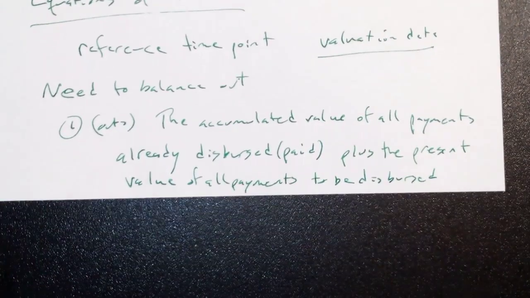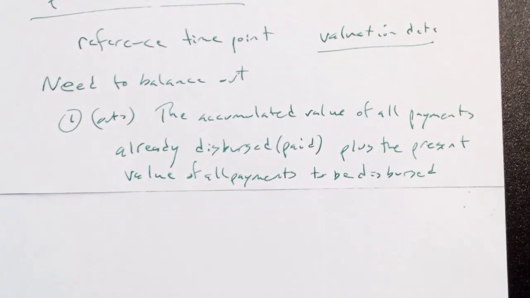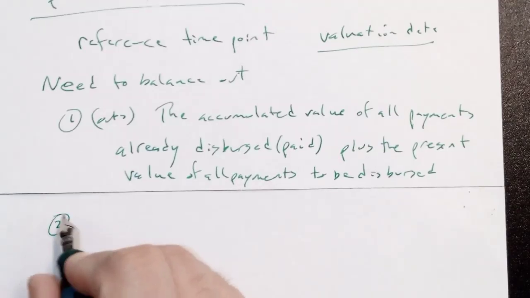I need to know how much in the past payments I made out accumulated and how much moving forward, I'm sorry, moving back to today, how much all the stuff I will have to pay is worth. And then I need to balance that with the ins.